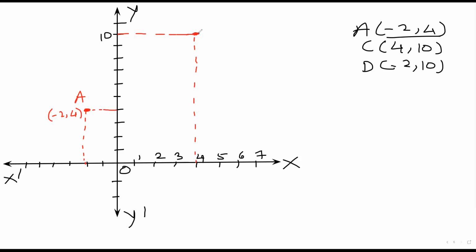So this is C, 4, 10. Then D. What is D? Minus 2 comma 10. Minus 2 is this one, comma 10. So you have it here. This is D.